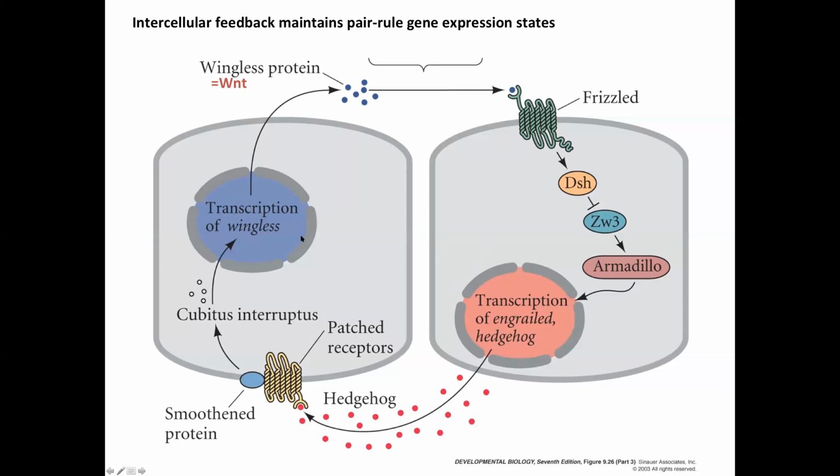But in this way, I also inform my surrounding cells. So in a way, these guys are informing their neighboring cells of what their identity is. I'm a hedgehog signaling cell, and this is a wingless signaling cell next to me. And this guy will say, I'm a wingless producing cell next to a hedgehog. This mechanism keeps two different cell types and maintains a boundary. As a result, a sharp boundary will be created between these two cell populations.